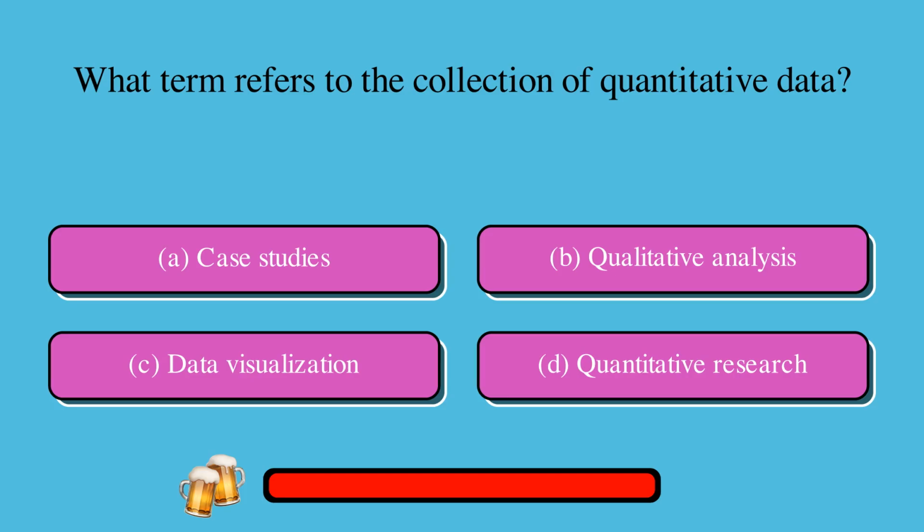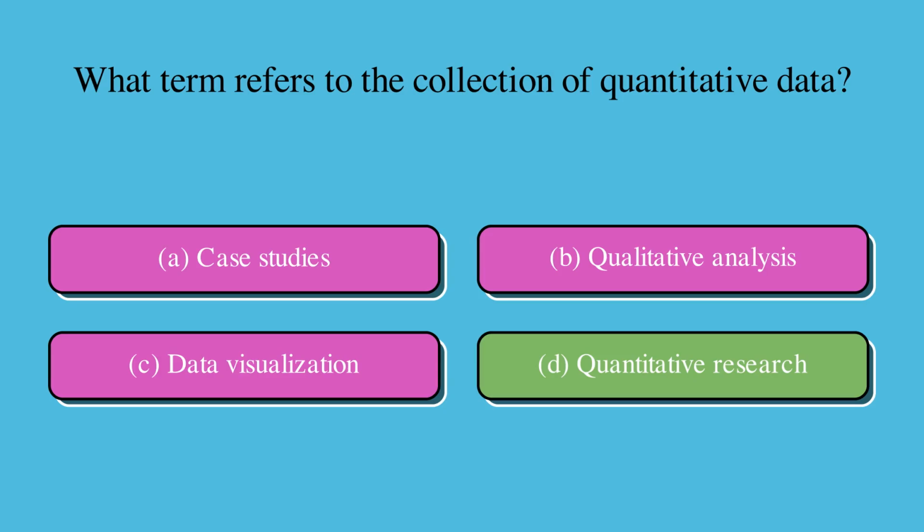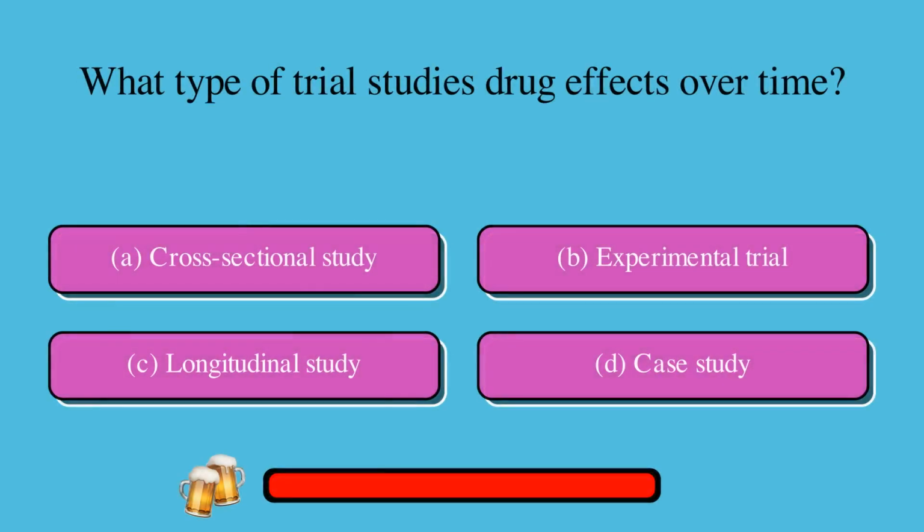What term refers to the collection of quantitative data? A. Case studies, or B. Qualitative analysis, or C. Data visualization, or D. Quantitative research? The correct answer is D, quantitative research. What type of trial studies drug effects over time? A. Cross-sectional study, or B. Experimental trial, or C. Longitudinal study, or D. Case study? The correct answer is C, longitudinal study.